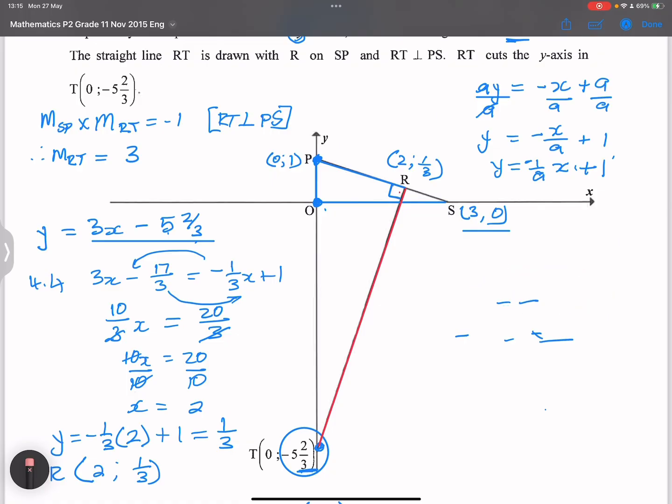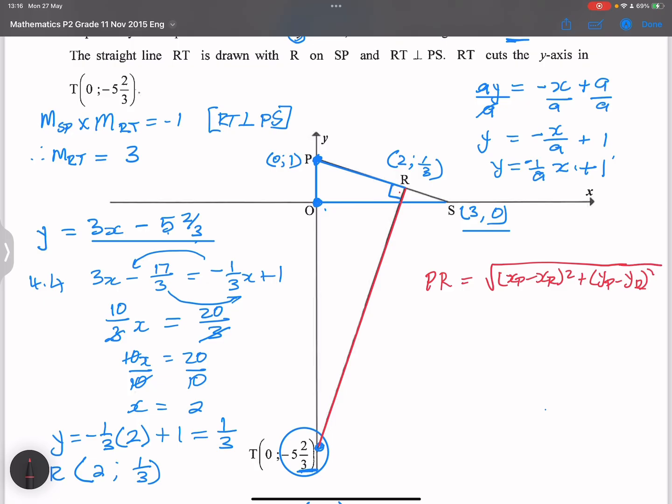So let's find the size of PR. This is equal to the square root of XP minus XR squared plus YP minus YR squared.